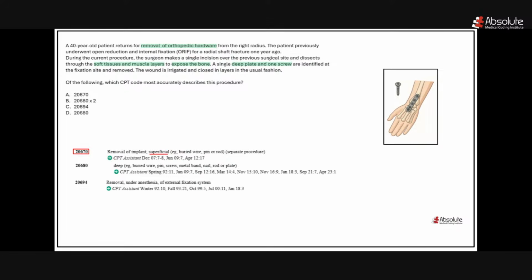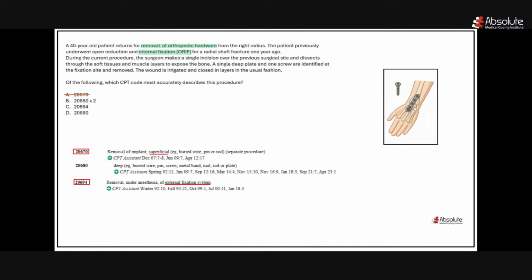So, again, there is another keyword that indicates that this is a deep internal fixation device. That helps us eliminate option A. Now let's look at option C, 20694, which is coding for removal under anesthesia of an external fixation system. Now we all know that this is an internal fixation device, not an external fixation system. So that eliminates option C.